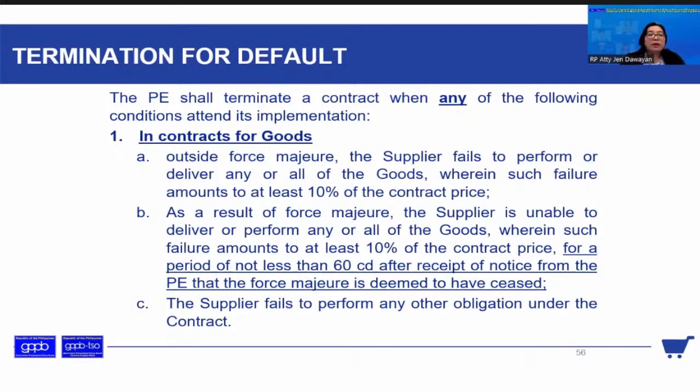So for example, no, may force majeure, and then nag-notice tayo sa kanya, sinabi natin that he has to comply with the conditions of the contract wherein he is to perform, but he failed to perform at least 10% of the contract after such notice for a period of not less than 60 calendar days.